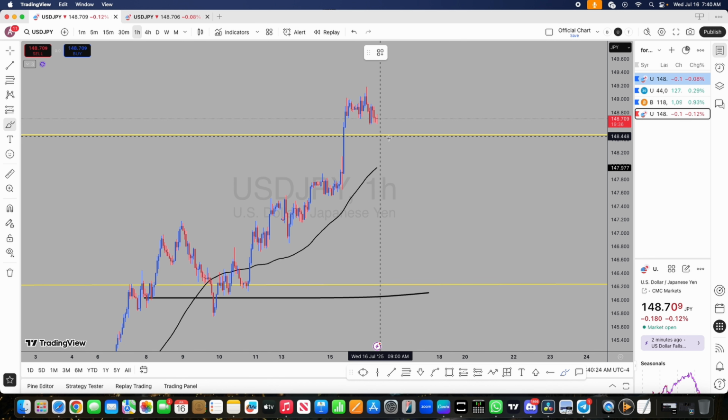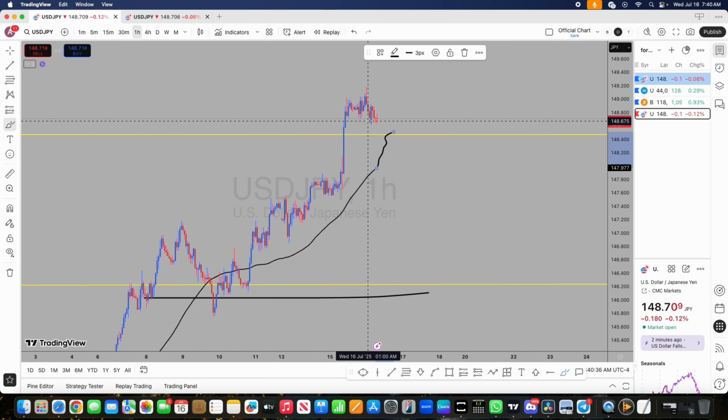A high probability level that I could see would be on this area right here, and as you can see, the H1 MA is getting closer to that area, meaning that once price action keeps going down and down until it meets those areas, that gives you confluence if it respects it.